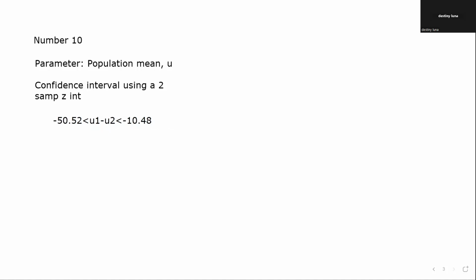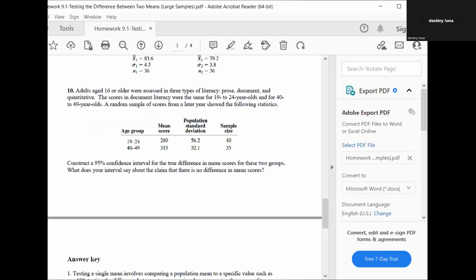Now, the more important question for this is the question that she asks after that, which is, let me show the homework. Here, it says, what does your interval say about the claim that there is no difference in mean scores?